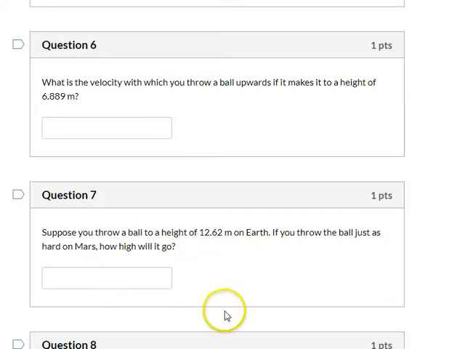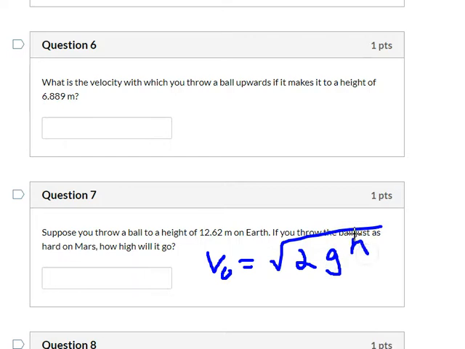Then we take that velocity and solve the equation for h, because we now know v naught is the square root of 2gh. The g is, again, Mars, so that's 3.71.